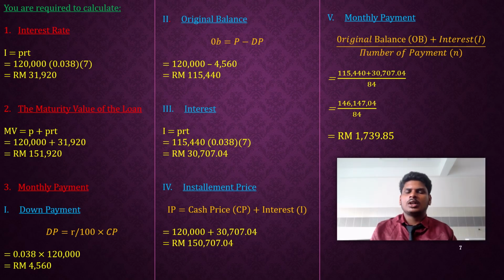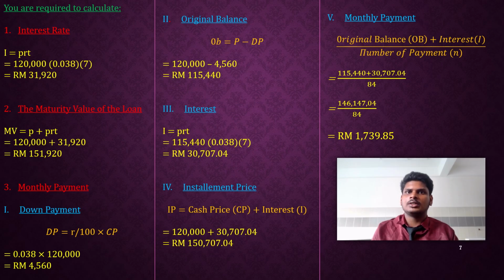Let's break down how to calculate the monthly payment for a loan. Monthly payment is determined by adding the original balance OB to the total interest I and dividing that sum by the number of payments. In this example, the original balance is RM115,440 and the total interest is RM30,707.04 over the 84 monthly payments.